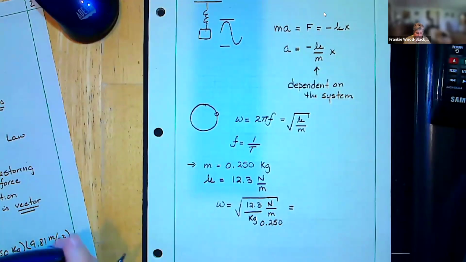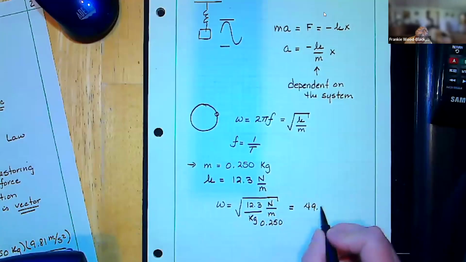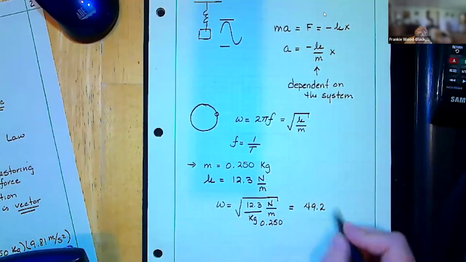Take square root. Gives me 49.21 over seconds.